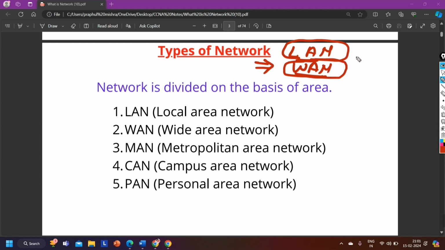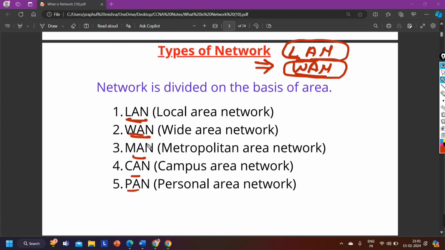We have divided this network into multiple parts like LAN, WAN, MAN, CAN, PAN. But there are only two types of topology-defined network, LAN and WAN. Soon I am going to make you understand LAN and WAN, don't worry. But for now, you can assume there are 5 types of networks.